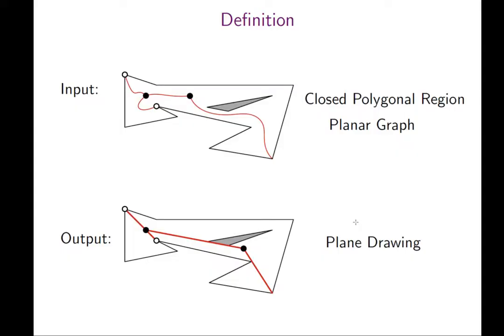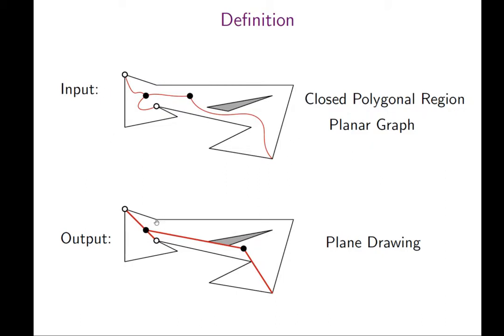So what is this talk about? We look at the following algorithmic problem. You're given a closed polygonal region, here indicated with black, and some planar graph, here indicated with red. It's just a tree. And some of the vertices of this planar graph are attached to the boundary of the closed polygonal region.